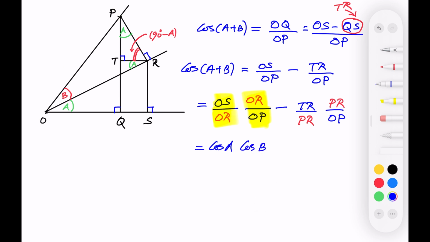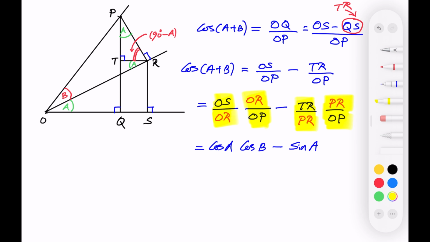And then I have this minus symbol. The next one is TR over PR. TR is right here. That has to be divided by PR. TR over PR should be identified by using PTR triangle as sine A. Therefore, let me write down this next ratio as sine A. The last term I have is PR over OP.